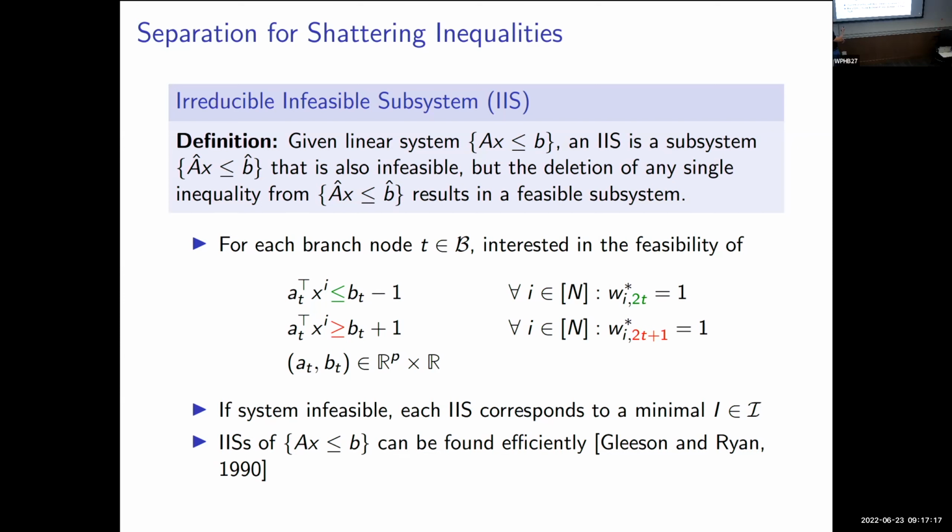And the variables for this subsystem are the a_t, b_t corresponding to that branch node. Now, if this subsystem isn't feasible, what I claim is that each IIS corresponds to a minimal set I, which you can use to define a shattering inequality. And these IISs can be found efficiently, according to this paper right here.